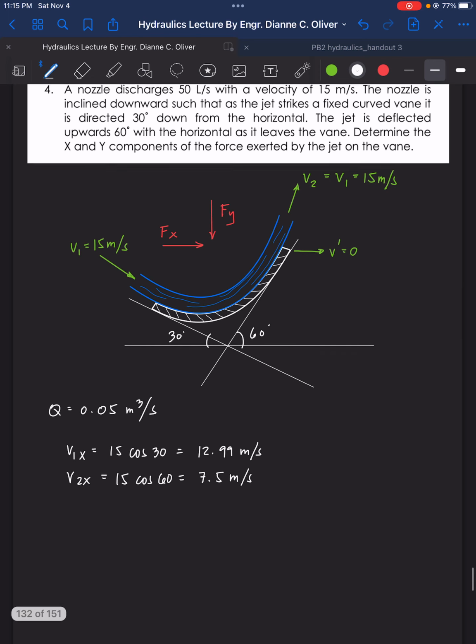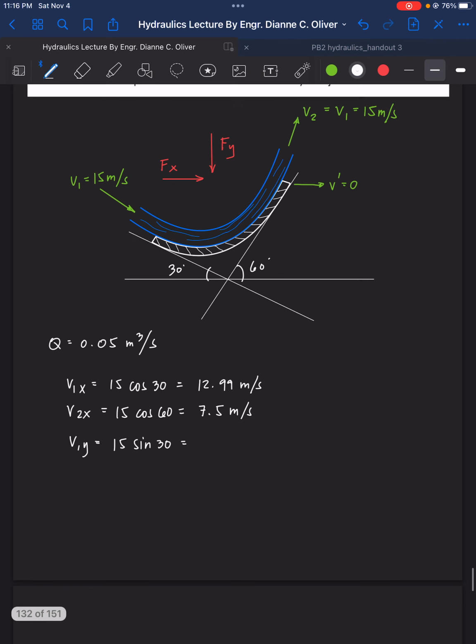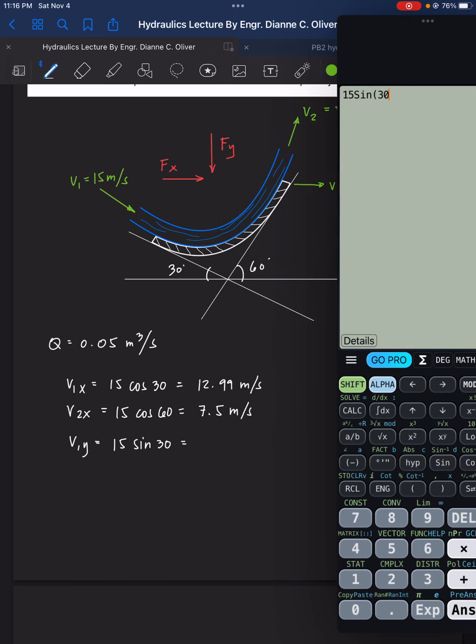Then we have the formula for Fx, but let's complete it first. How about V1y? That is 15 sine 30. And the direction here is downward for Fy, so we will take that as positive. So 15 sine 30 is 7.5.